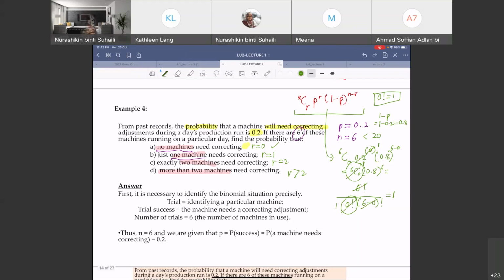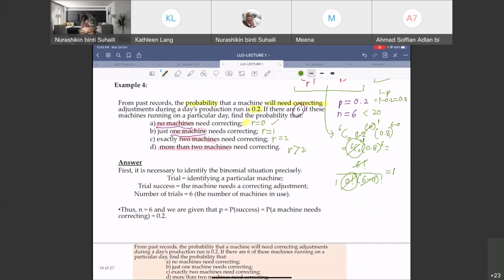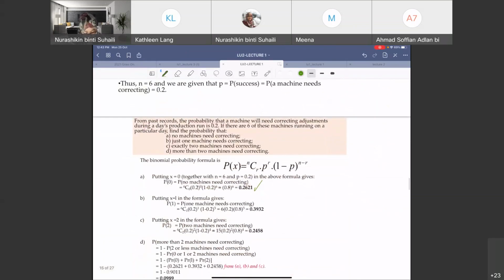That gives the value 0.2621. So that's how you reach these values. For the second and the third question, it's the same way. You are just substituting the r value.